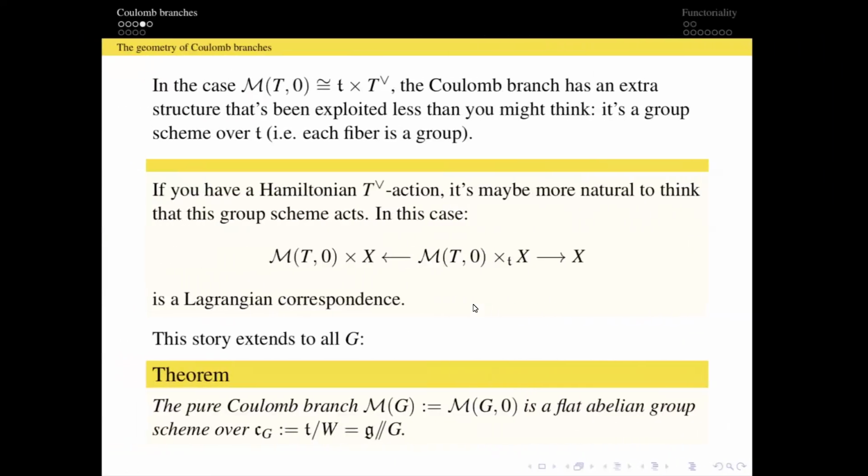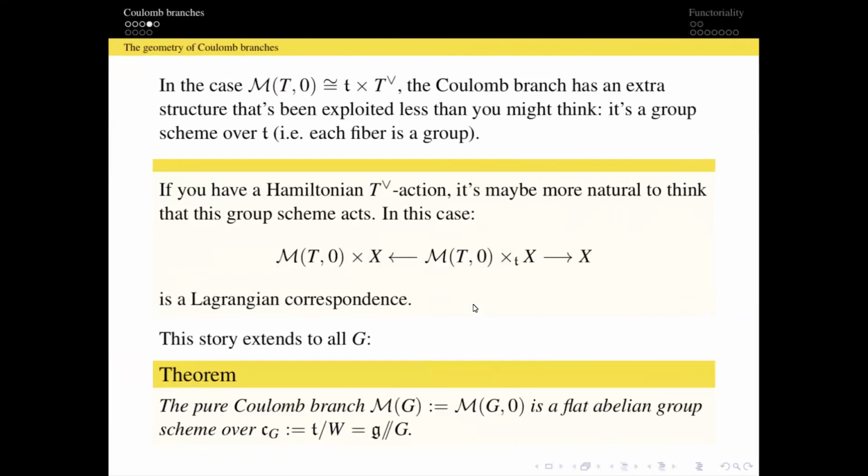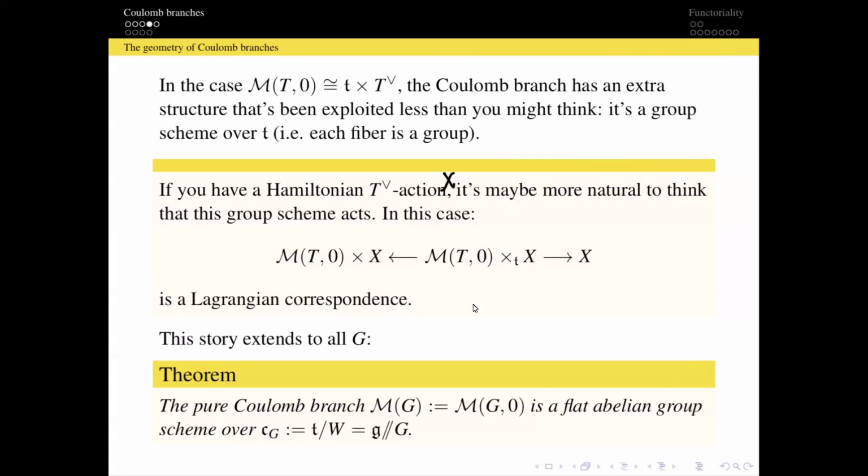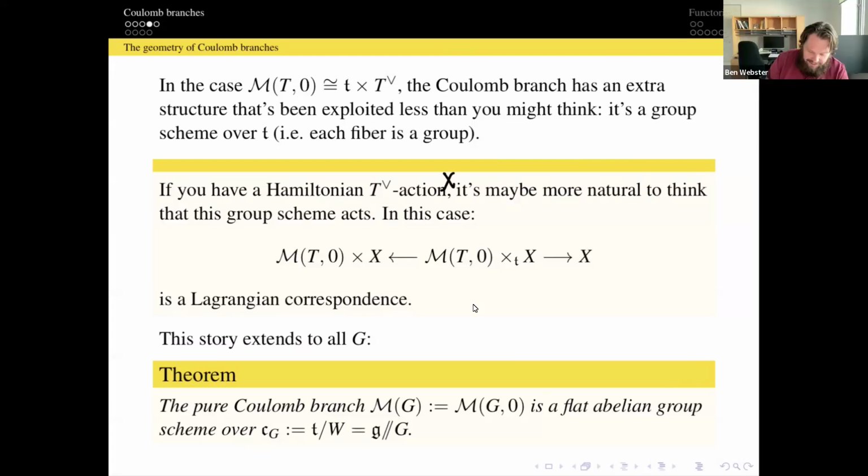Sorry, this X was the T mod G, or what was the X? Oh, sorry. The point I was making here is if I have X, a Hamiltonian T check space, then I get this kind of natural correspondence where I can just take the fiber product.